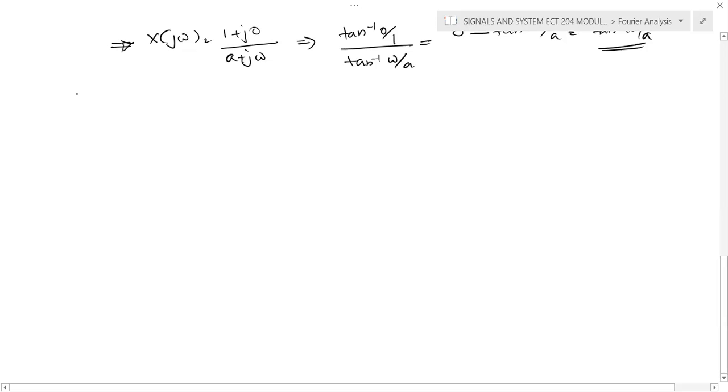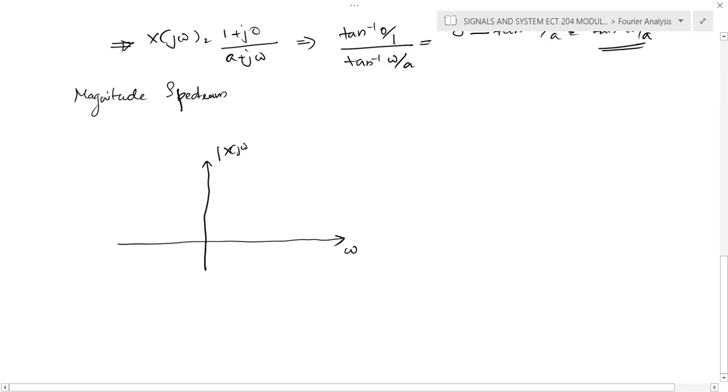First we will plot the magnitude spectrum. So when you plot the magnitude spectrum, we don't record any exact values. We'll plot with respect to omega, and here the modulus of X of j omega.